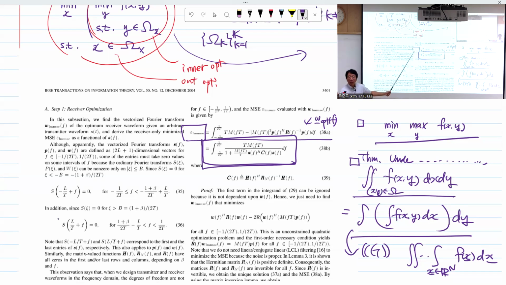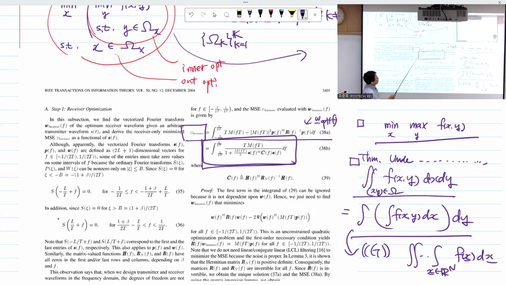This epsilon is the same epsilon, except that now in the receiver, we use the minimum mean squared error receive waveform, whatever S we have. If S is changed, our W is automatically changed here.